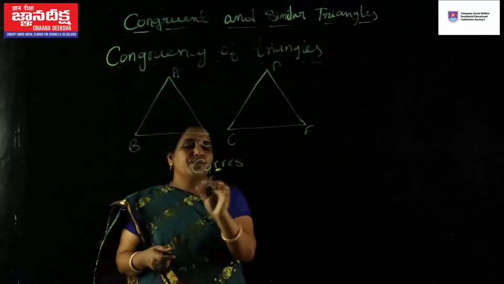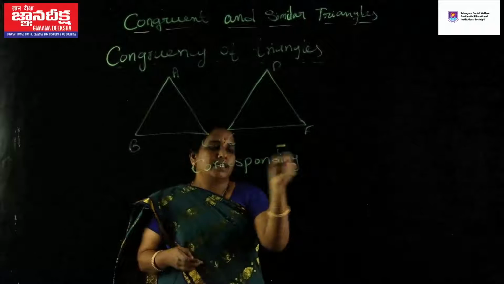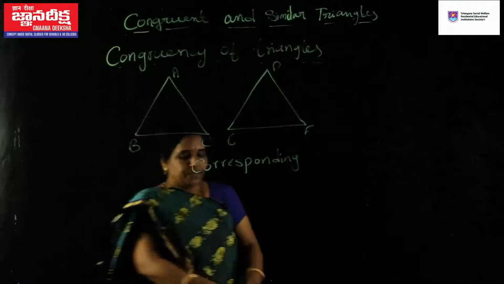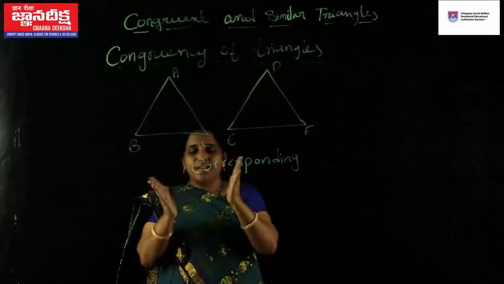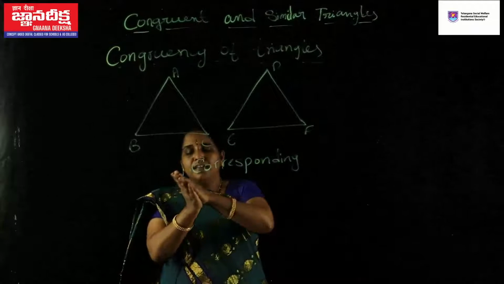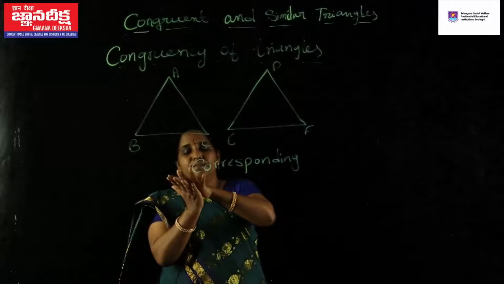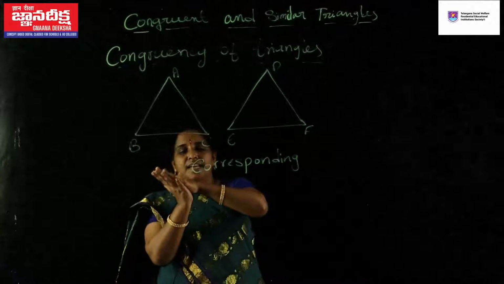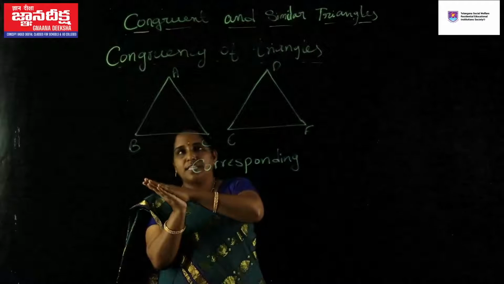Here you have to focus more on corresponding. What is the meaning of corresponding? Let me explain. Look at my hands, palms. When I place one on the other, thumb is placed on thumb, index finger, middle finger, ring finger and little finger. So the part which is placed on the other are called corresponding.